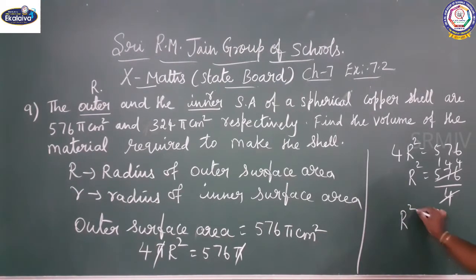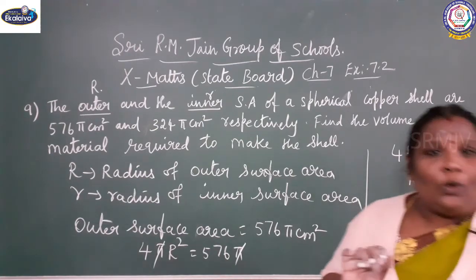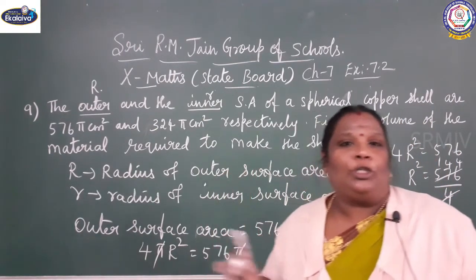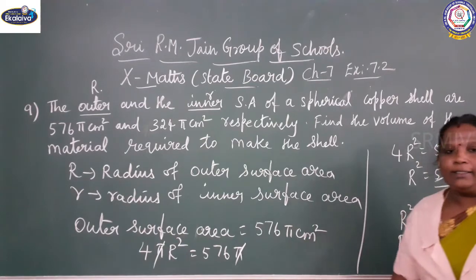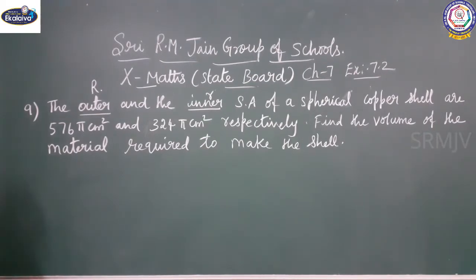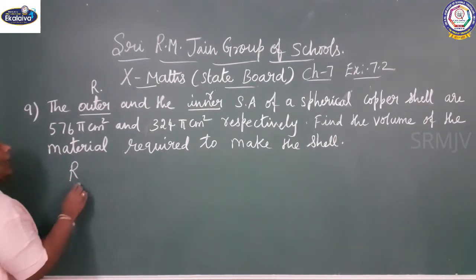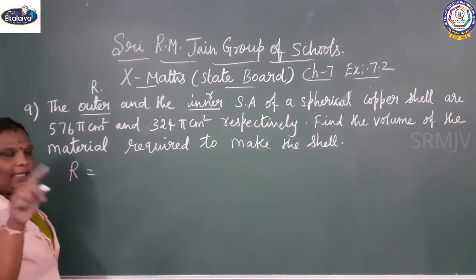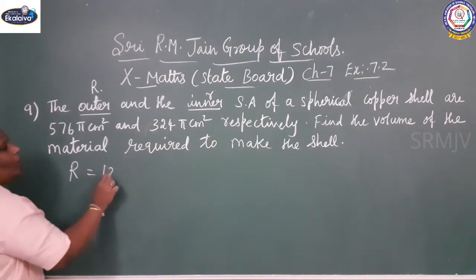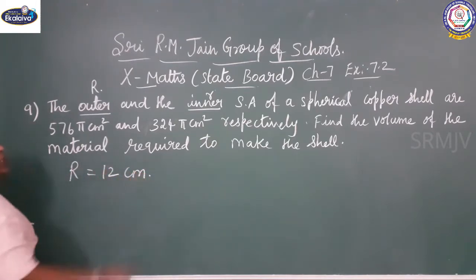R square equal to 144. Capital R, that is nothing but the outer radius, equal to the square root of 144. What is the value? Plus or minus 12, but radius cannot be negative, so we take the positive value. So capital R, the outer radius, equal to 12 centimeter.